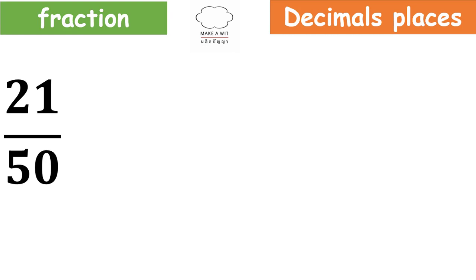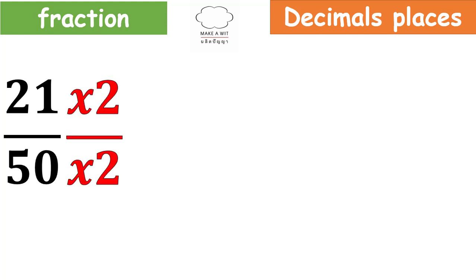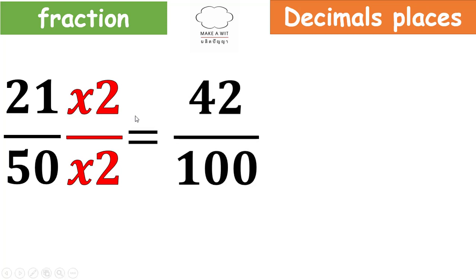The same as the last item. The denominator is 50, so we have to change 50 to 100. How to change it to 100? You have to multiply by 2. So 50 times 2 equals 100 and 21 times 2 equals 42. So 21 over 50 equals 42 over 100.